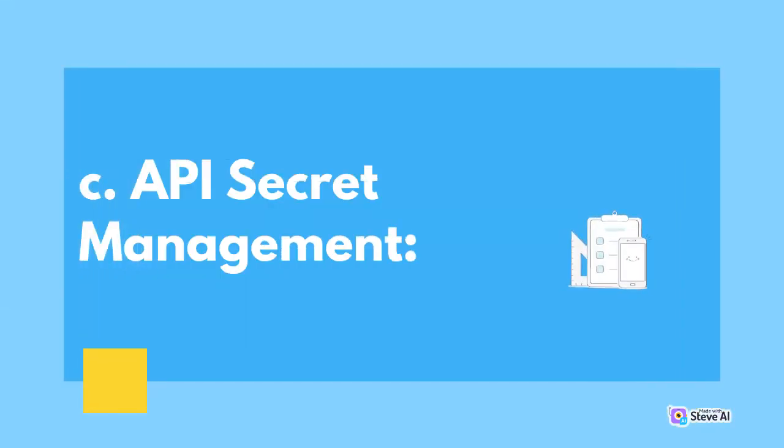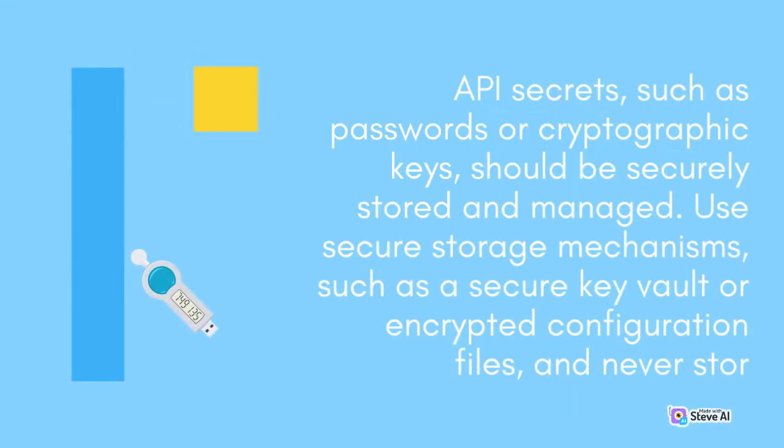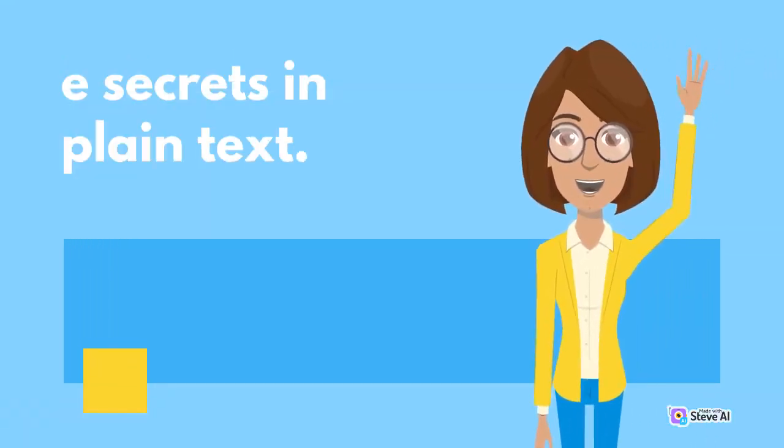C. API secret management. API secrets, such as passwords or cryptographic keys, should be securely stored and managed. Use secure storage mechanisms, such as a secure key vault or encrypted configuration files, and never store secrets in plain text.